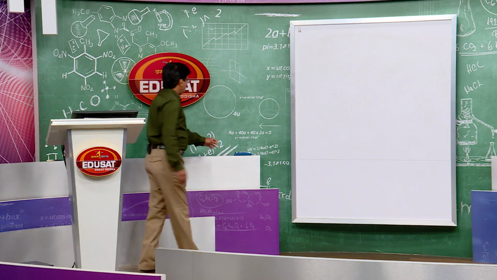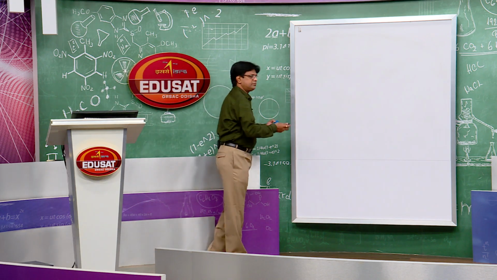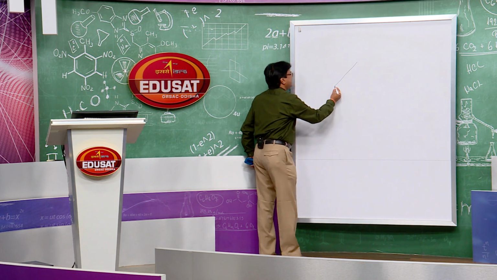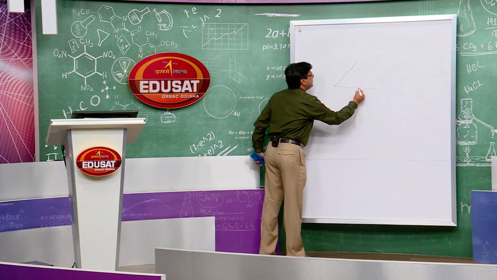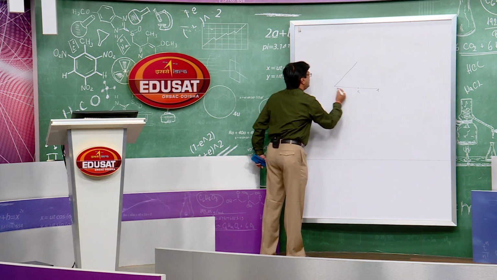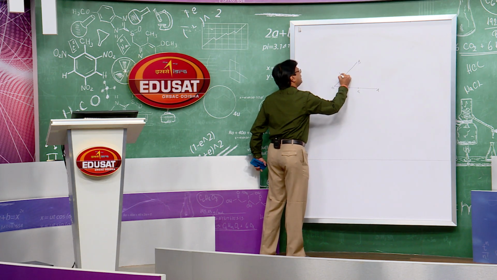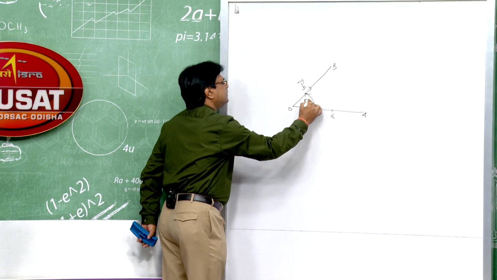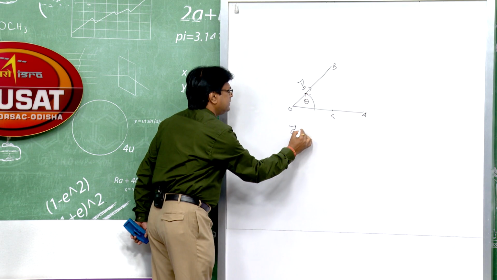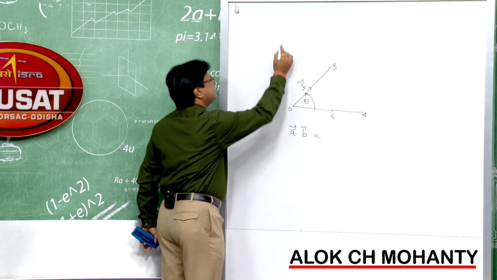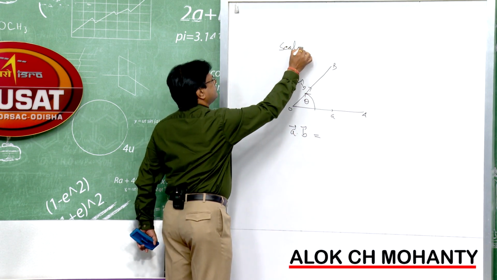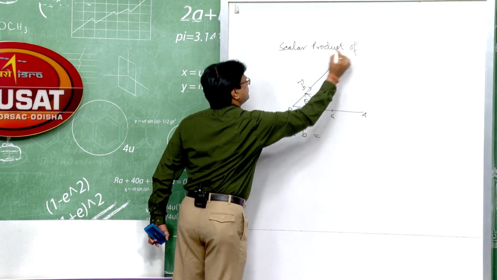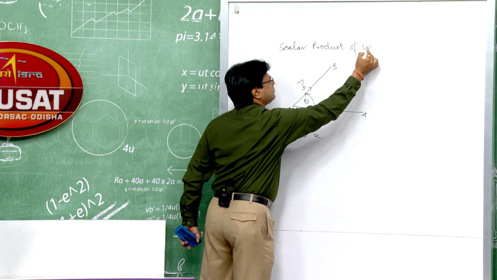Now, suppose this is a vector, and this is angle theta, then A dot B, that is your scalar product of vectors.